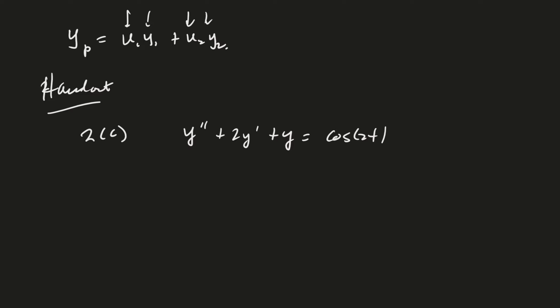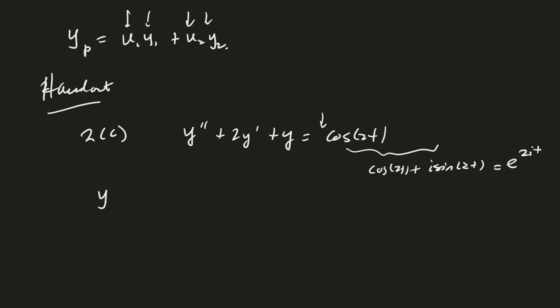Okay, and so again, the idea is that we're going to embed this into a bigger problem, right? So I'm going to write that as cosine of 2t plus i sine of 2t, which is e to the 2it. Once I solve the larger differential equation, then because I want the cosine, I'm going to be looking for the real part of our solution.